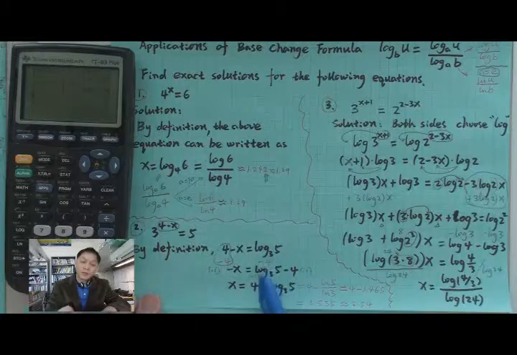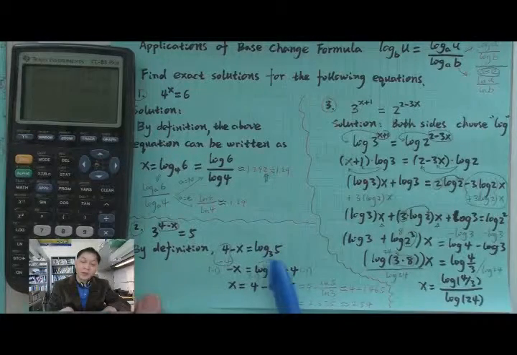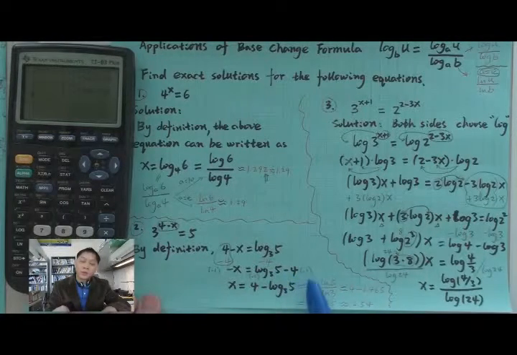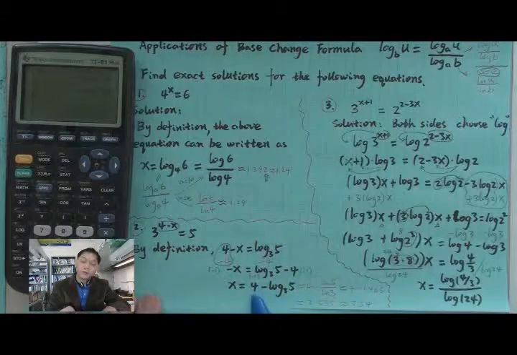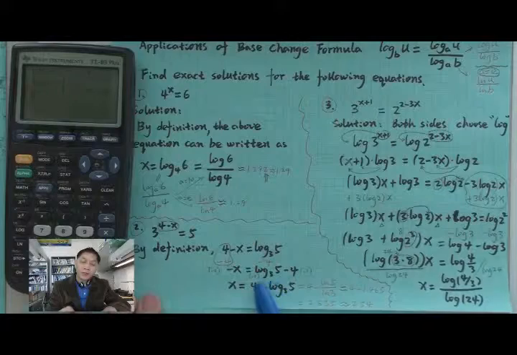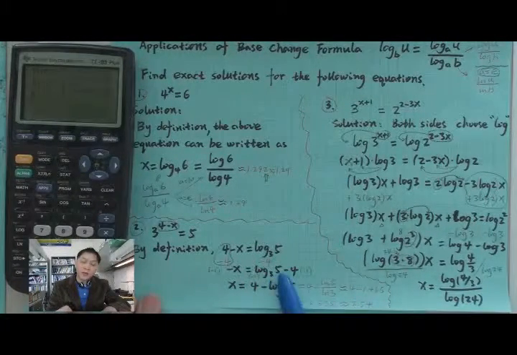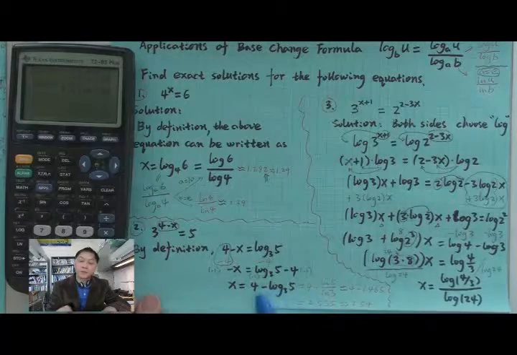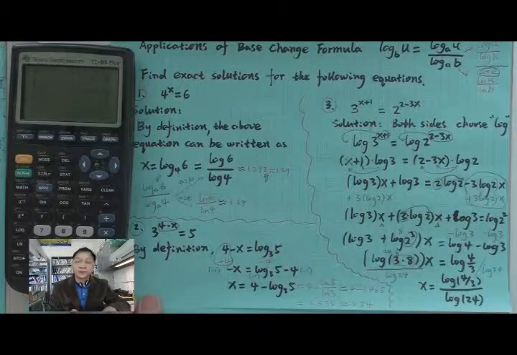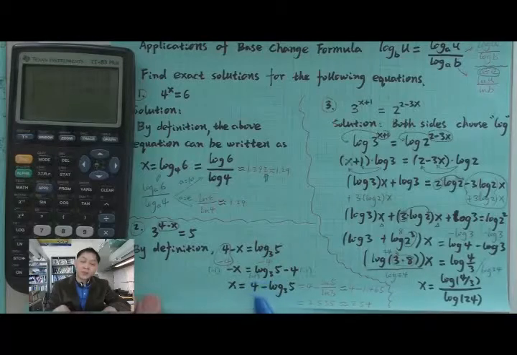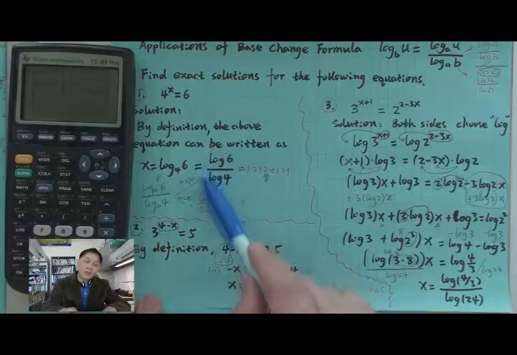Right hand side, log base 3 to the 5 minus 4 times negative 1: negative 4 times negative 1 is positive 4, and negative 1 times positive log base 3 to the 5 is negative log base 3 to the 5. This is the exact solution.